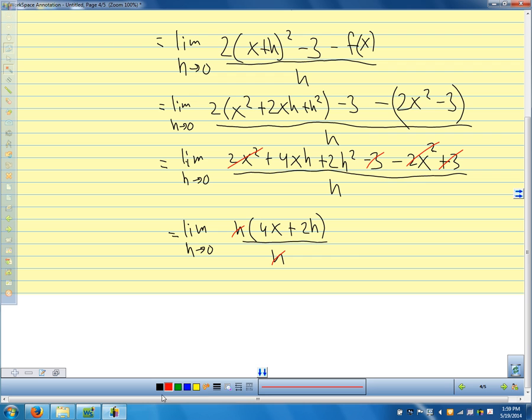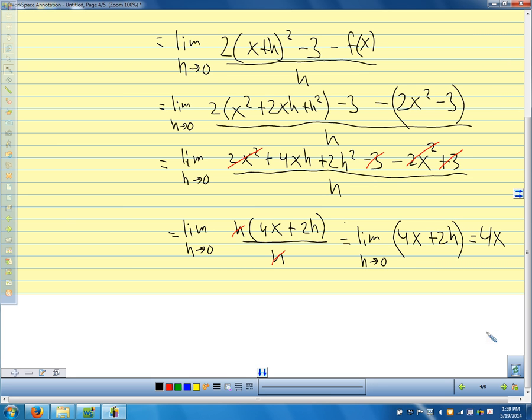Those cancel, and I get the limit as h approaches 0 of 4x plus 2h, and that limit as h approaches 0 is what? 4x.